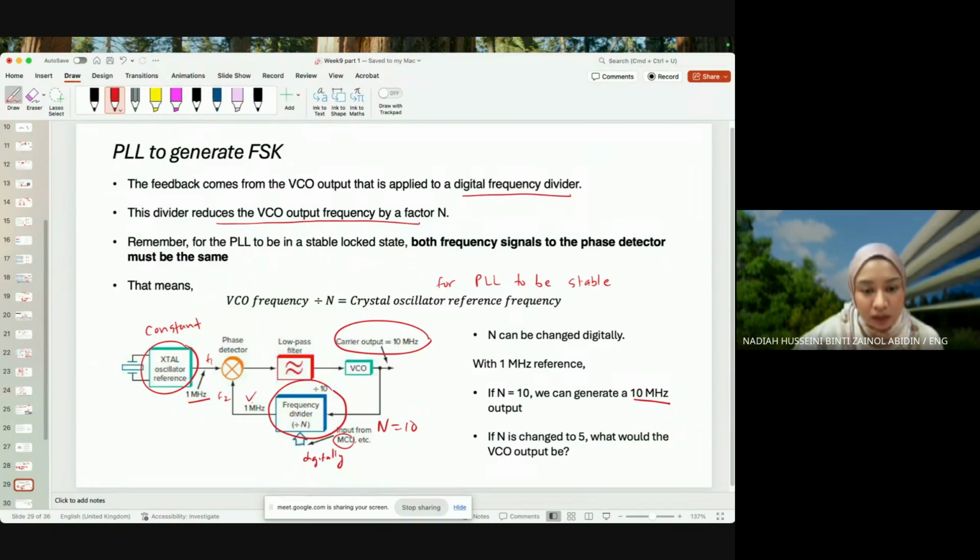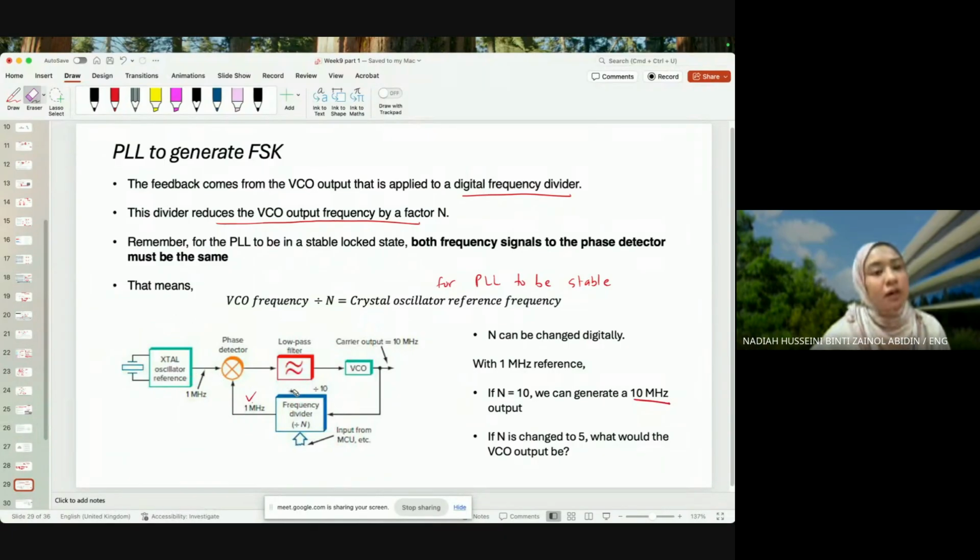If we are going this way, we need to times 10. I know it's a little bit confusing, but I'm just going backwards. Okay, let me reiterate this again.